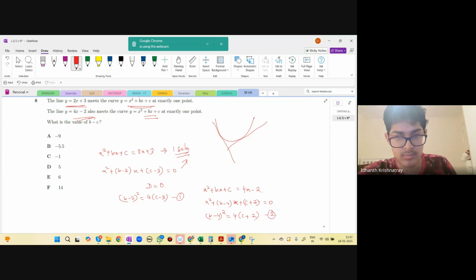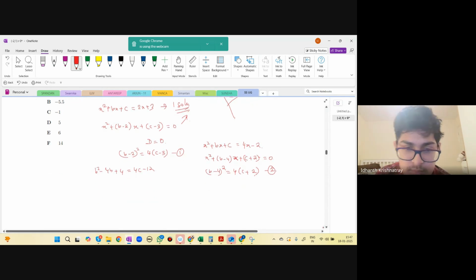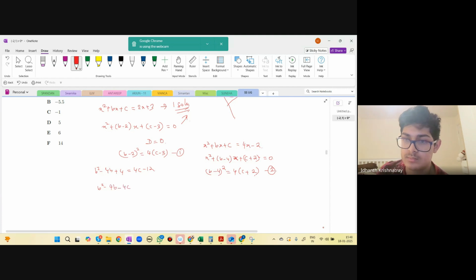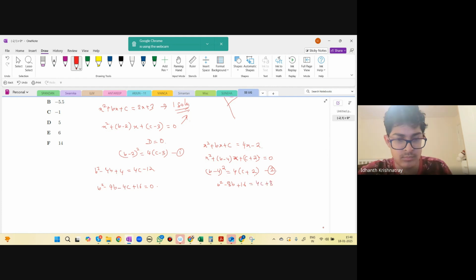I have two equations, right? And I need the value of b minus c. So let's simplify this. B square minus 4b plus 4 equals 4c minus 12, so b square minus 4b minus 4c plus 16 equal to 0. And this one would be b square minus 8b plus 16 equals 4c plus 8.